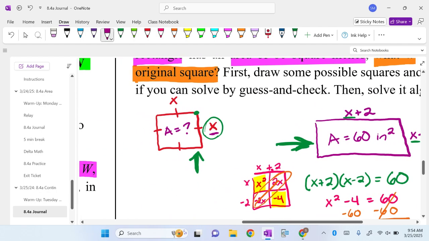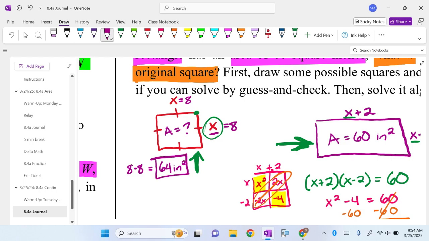And we know that both of these sides are equal to 8 because all sides of a square are congruent. So if we do 8 times 8, because length times width, what's the area of the square? 64 what? Inches squared. So my area of the square is 64 inches squared.